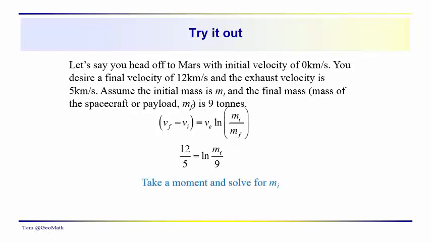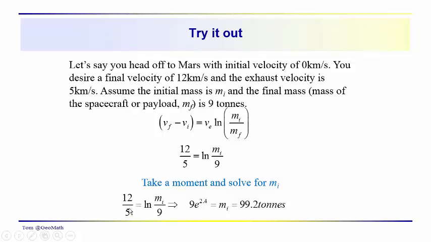So take a moment and solve for m sub i. And assuming that you did that, we see that we get 12 over 5 equals natural log of m sub i over 9.